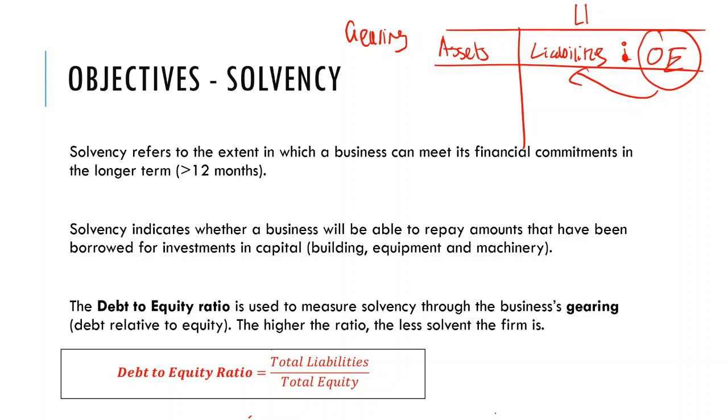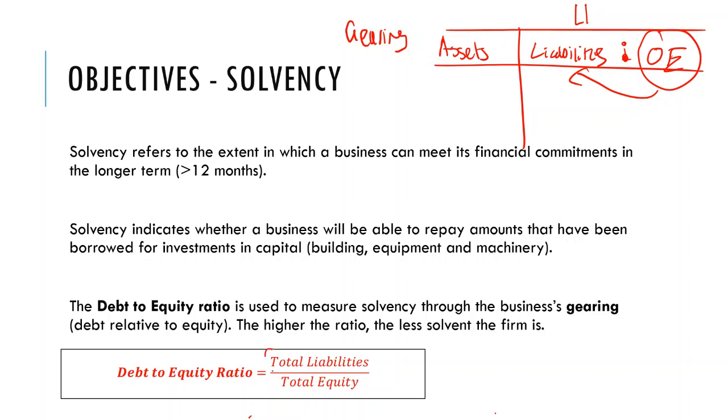Okay? Now, we use our debt to equity ratio to do this. Essentially, this is going to show how much we really put in debt to how much we put in of our own internal sources. A higher ratio means the less solvent the firm is.